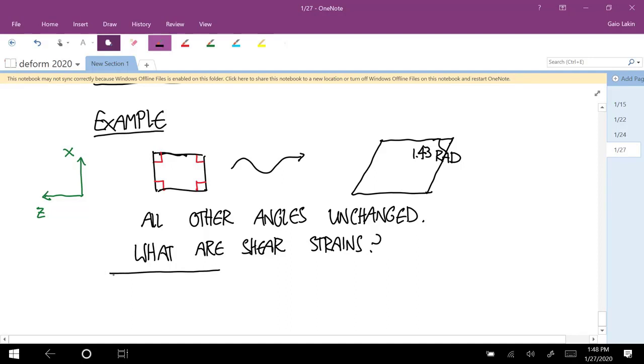Well, the only plane where there are changes in angle is the xz plane. Okay, so the only non-zero strain is going to be gamma xz. So gamma xy is equal to gamma yz, and those are 0.